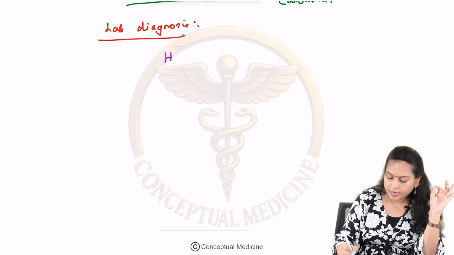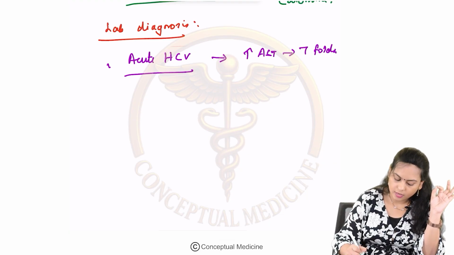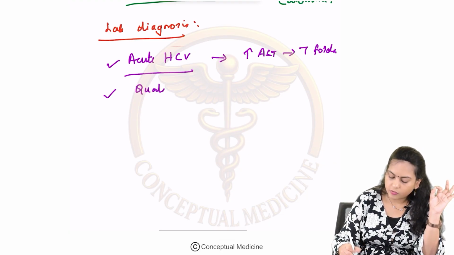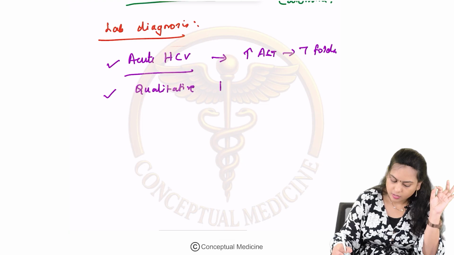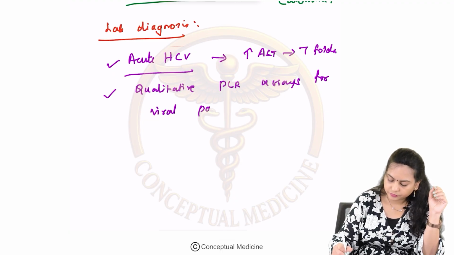In acute HCV infection, the lab parameters, that is the transaminases, raise up to even 7 folds. Okay, and you can do qualitative PCR assays for viral particle detection.